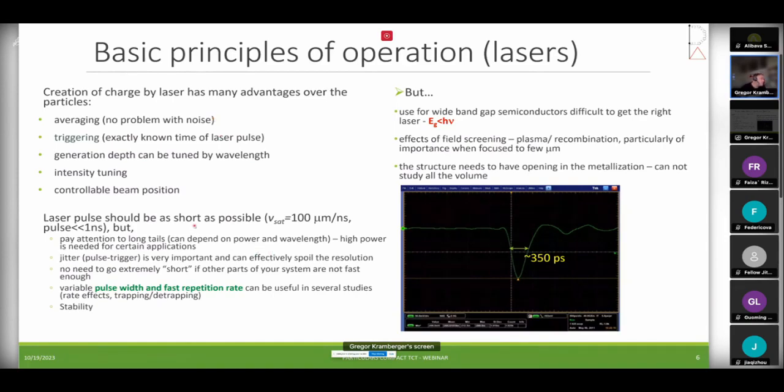So what does that mean? How fast should the pulses be? They should be of the order of 100 picoseconds. If you connect any reasonable electronics to it, you will introduce the RC, which is likely of the order of a few hundred picoseconds.